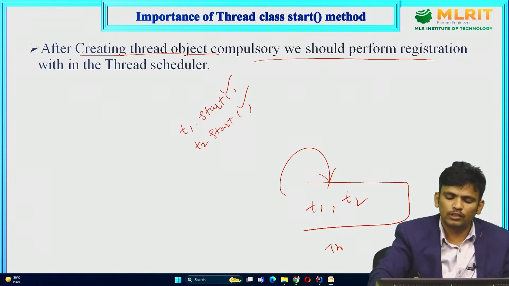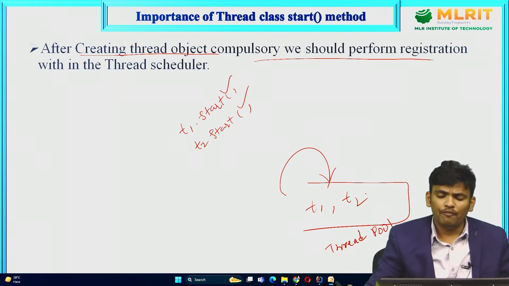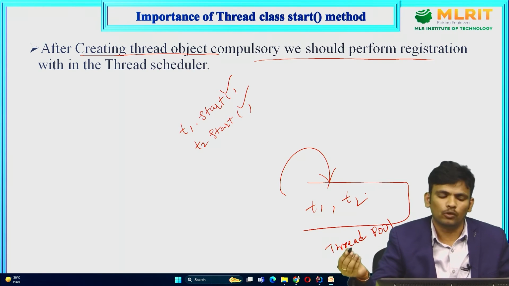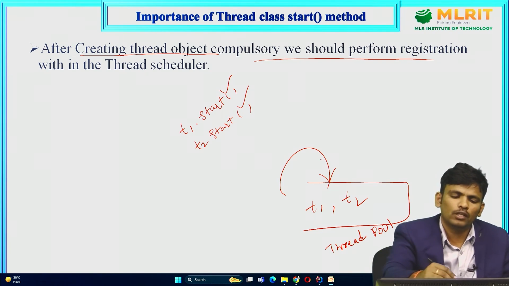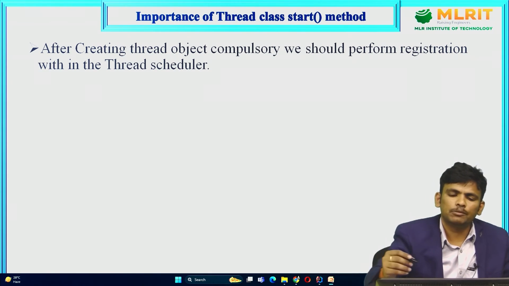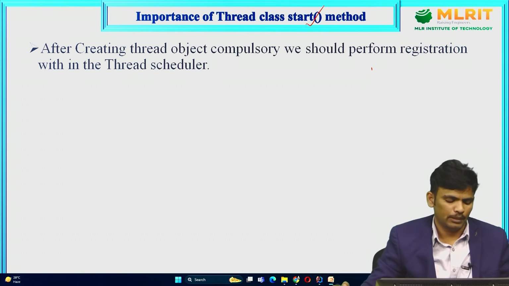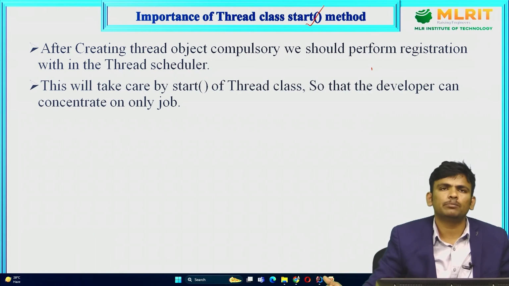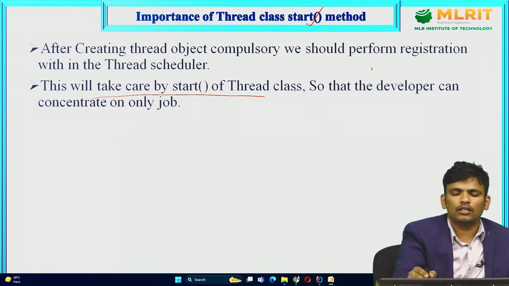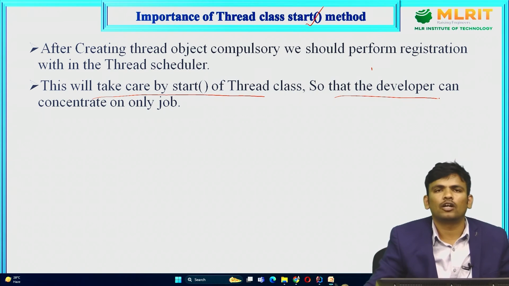So these are the threads, and they will be registered in the thread pool. Why do we need to register in the thread pool? Because the thread scheduler picks threads from the thread pool for execution. That is the reason we compulsorily need to register every thread in the thread pool, and the start method is responsible for that. This way the developer need not concentrate on thread registration manually, and can concentrate on only the thread job.